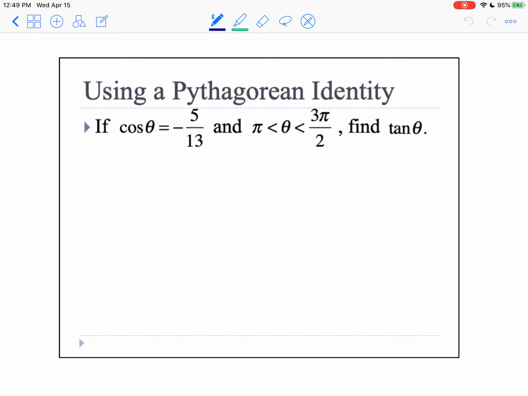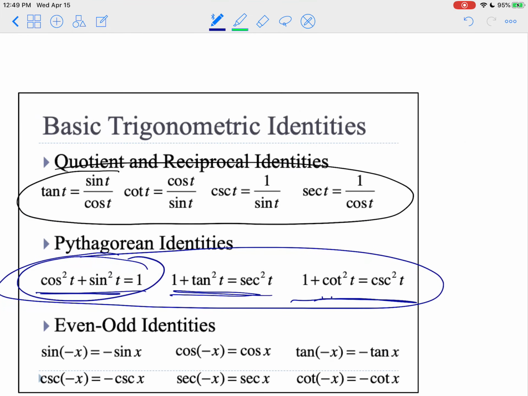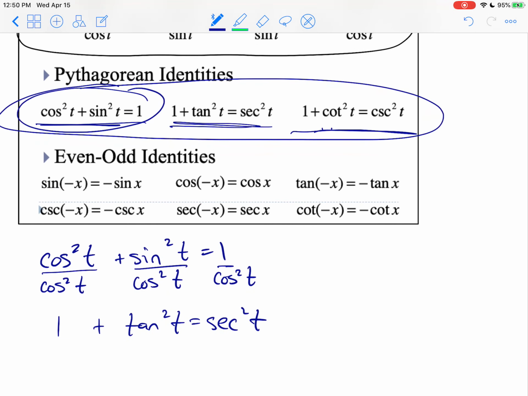our first example. So we're going to use the Pythagorean identities to figure out the value of tan of theta, given that cosine of theta is negative 5 over 13. Okay? So basically what I'm going to try to do is look for the Pythagorean identity that has a cosine in it and a tangent in it. Now, you might be looking at this list and saying, well, there are none that have cosine and tangent in it, but remember that secant is 1 over cosine squared.